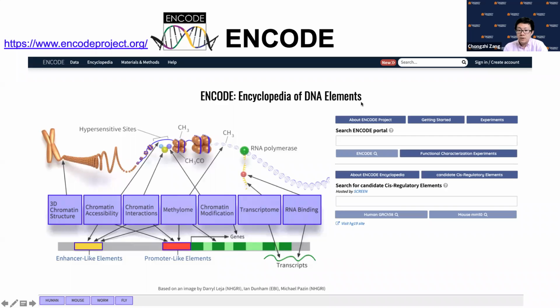The goal was to profile or to measure the function and the information of as many DNA regulatory elements or DNA functional elements as possible from a few model systems, including human and mouse, and also worm and fly. So they have a lot of high quality various types of epigenome data, including ChIP-seq data.